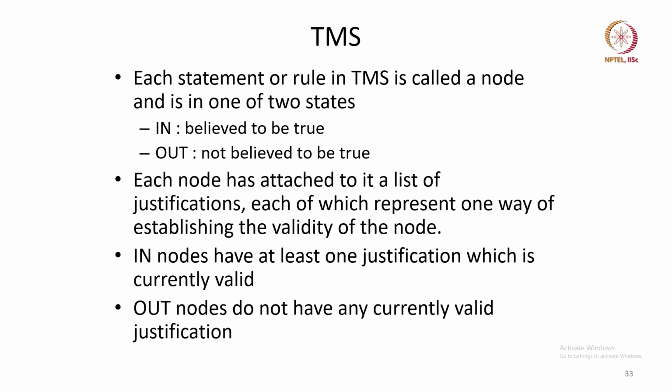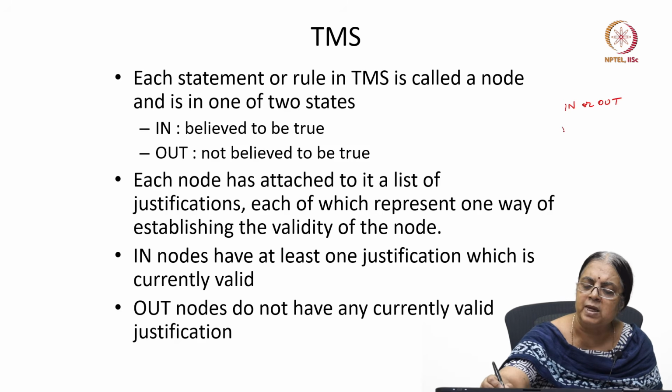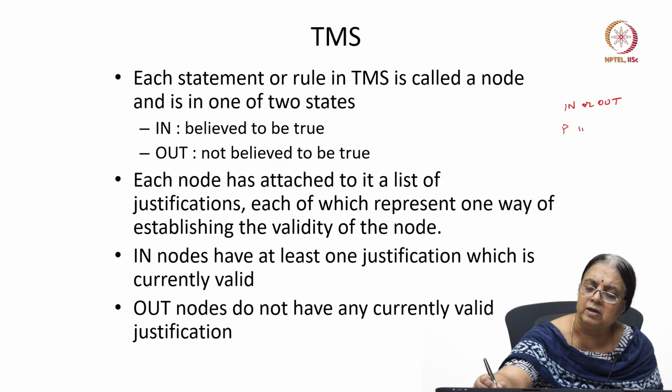Okay, so let us look at another truth maintenance system where every sentence is either in or out at a particular point in time. So if we take P, maybe at the present time P is in, but at some other time P may be out.